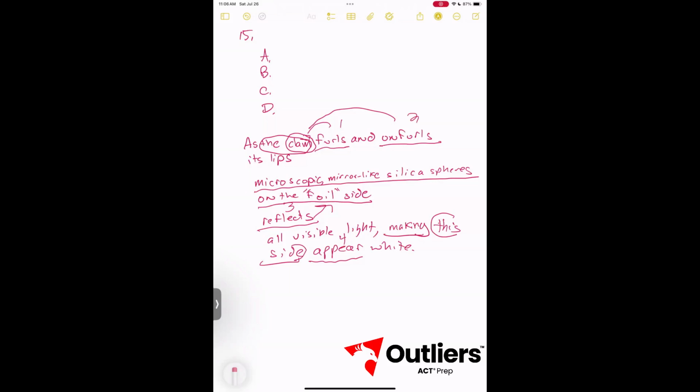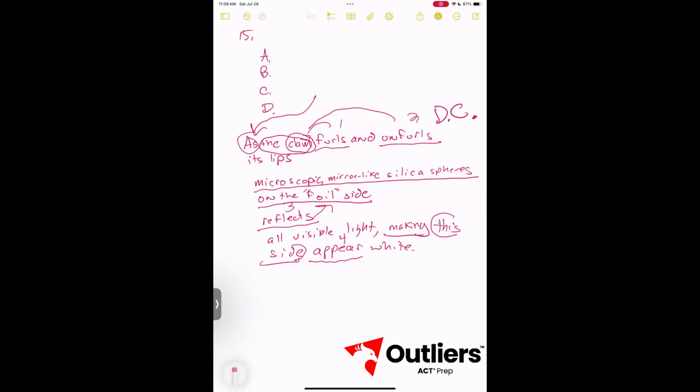Okay, so now we're going to go back through and determine, are these independent or dependent clauses? Every time we have a subject-verb combo, we have a clause. The easy way to determine if we have an independent or dependent clause is if it starts with a dependent clause marker. In this scenario, as is a preposition, and a preposition is one of our dependent clause markers. So this first part is a dependent clause.